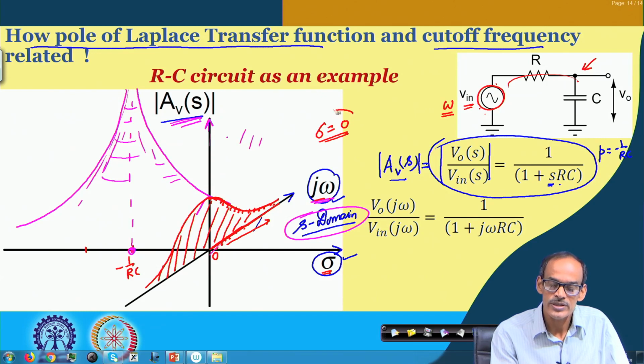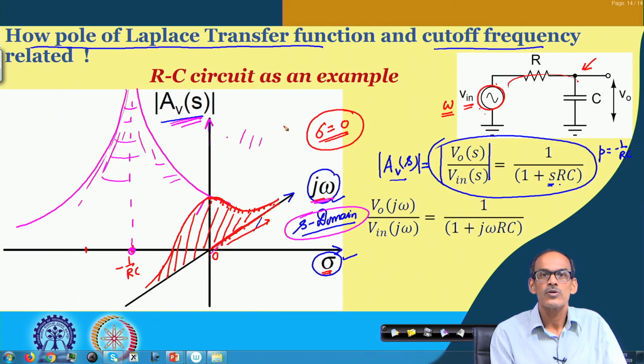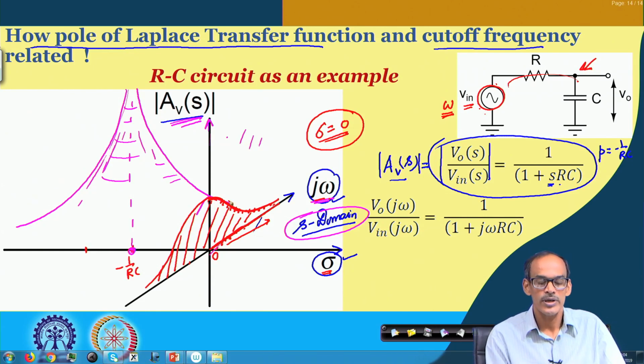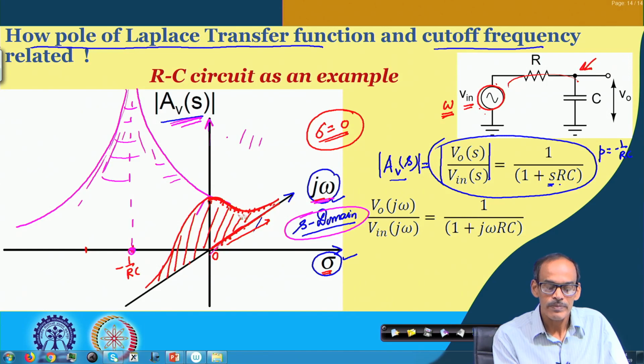Why is the magnitude not changing with time? Because the stimulus has sigma equal to 0. A steady sinusoidal signal has two components, plus omega and minus omega, and if you consider the plus part, the variation of the magnitude with omega is this curve.